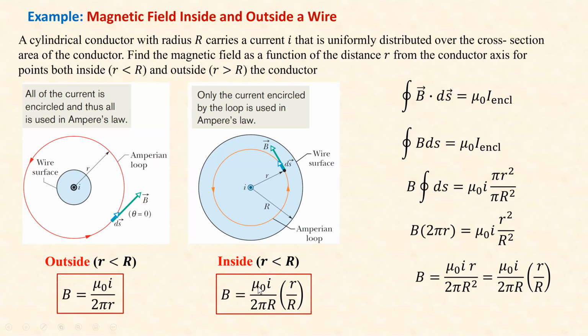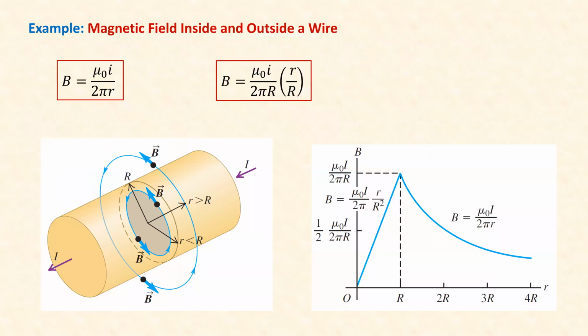When you are inside, the magnetic field changes from 0 to the value at the surface. If you want to illustrate that, it will be like this. First of all, the direction of the magnetic field is always azimuthal, meaning tangent to the circle, like this. At this point it is tangent to this circle, at this point tangent to this circle, at any point.